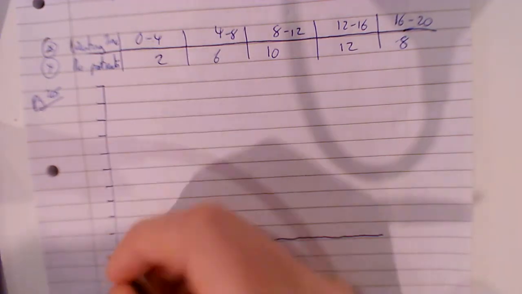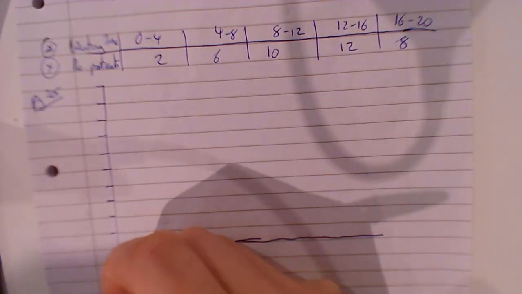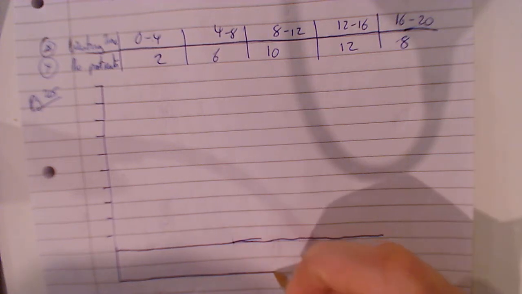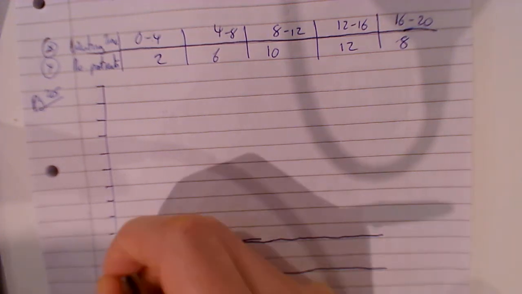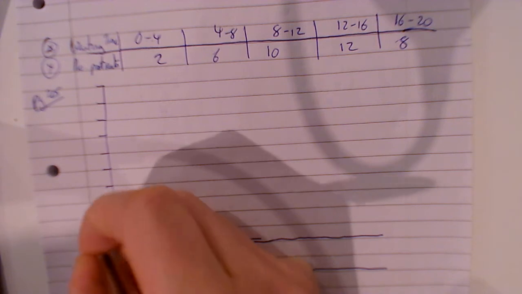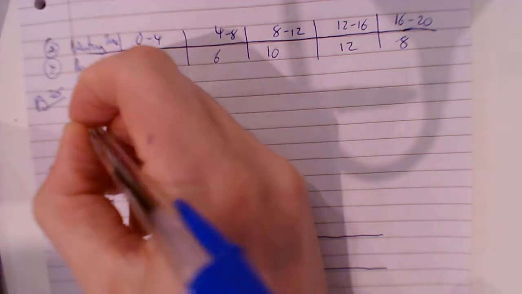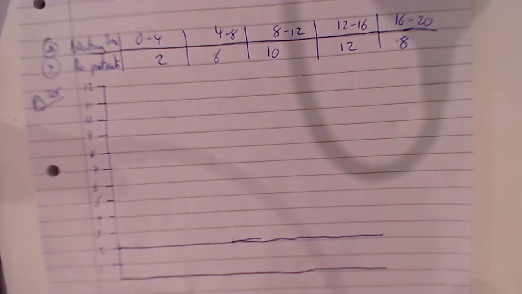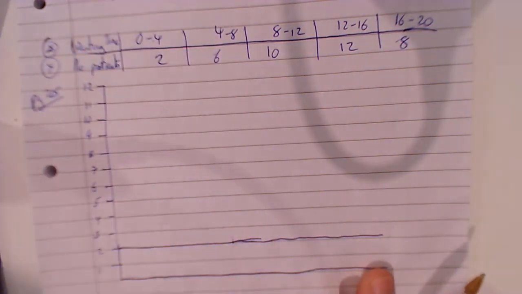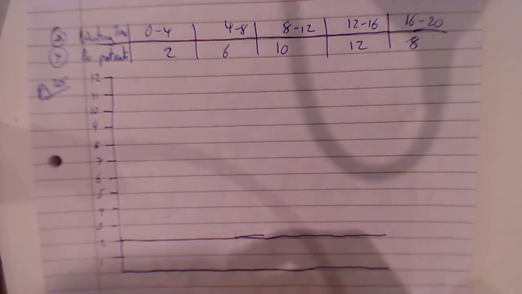Should start lower down. So let's say if I start here. 2, 3, 4, 5, 6, 7, 8, 9, 10, 11, 12. Okay, so you should have counted that out beforehand, or I should have counted it out beforehand.